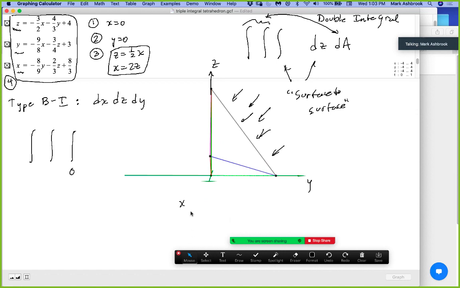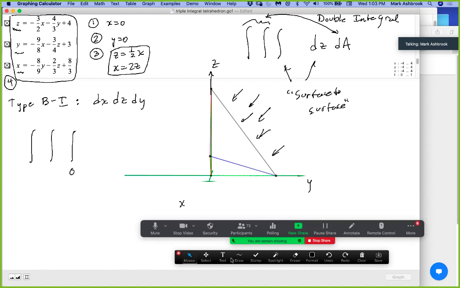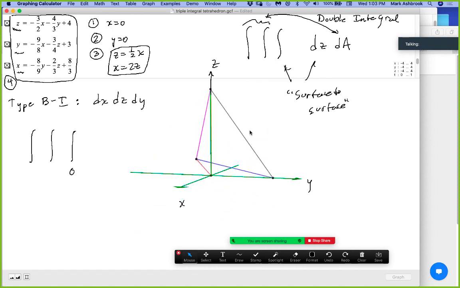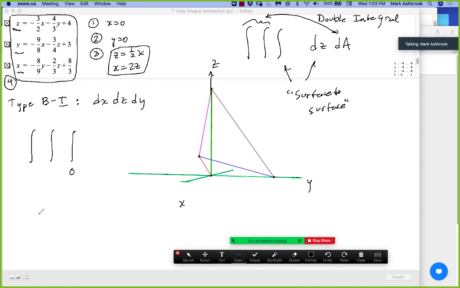So what does that mean? If our back is all 0, but our front is split up between two surfaces, that means we have to do what? Split it into 2 intervals. Yeah, and so with our experience with double integrals, this isn't that bad, right? Because we know the strategy here. So it's dx, dz, dy.